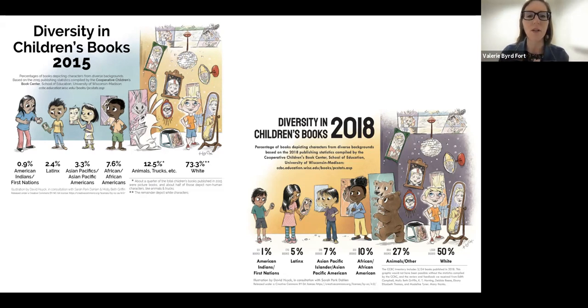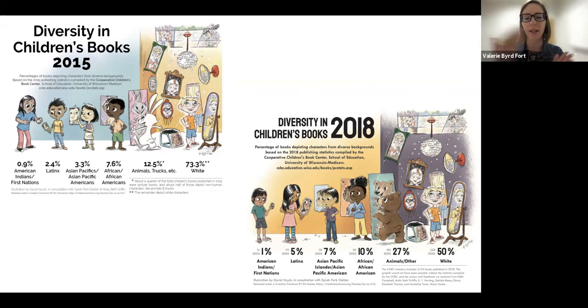But in 2015, you can see that the numbers, 73.3% of the books that they did a content analysis on, they had white characters. 12.5% were animals, trucks, 7.6% African Americans, 3.3% Asian Pacific Americans, 2.4% was Latinx, and 0.9% was American Indians, First Nations. So that was in 2015.